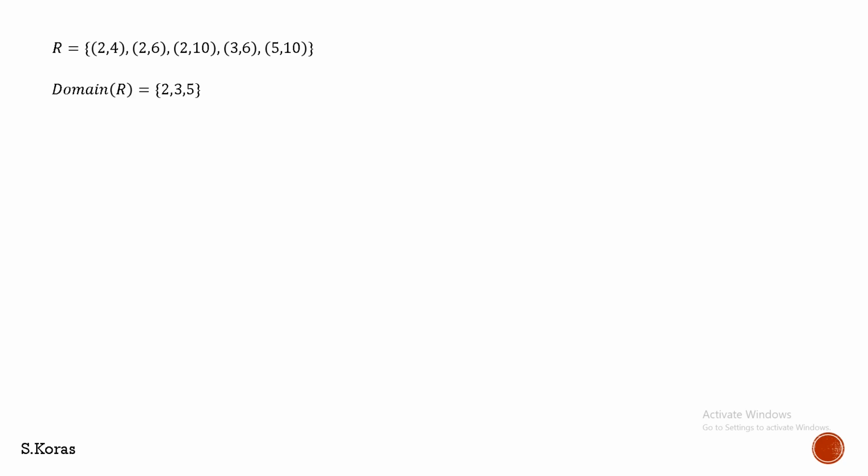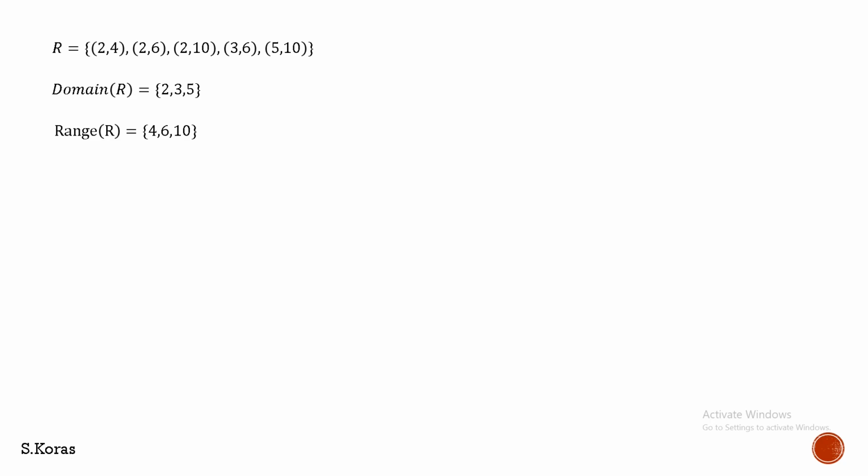From this, if you see, our domain is the elements which are in the front, that is 2, 3 and 5. So 2, 3, 5 is our domain, and if you want to find its range, the numbers which come back, that is 4, 6, 10. So our range is 4, 6, 10.